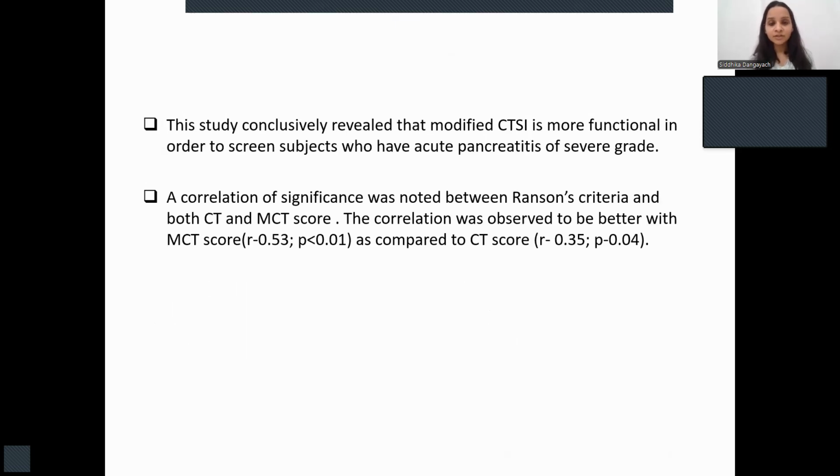This study conclusively revealed that the modified CT is more functional in order to screen patients who have acute pancreatitis of severe grade. A significant correlation was noted between Ranson's criteria and both CT and modified CT score. The correlation was better with the modified CT score, with an R value of 0.53, as compared to the CT score with an R value of 0.35.